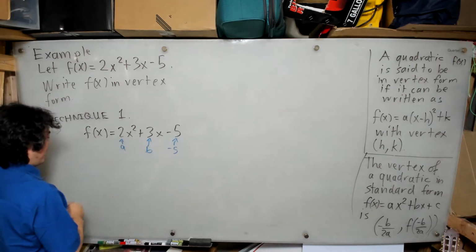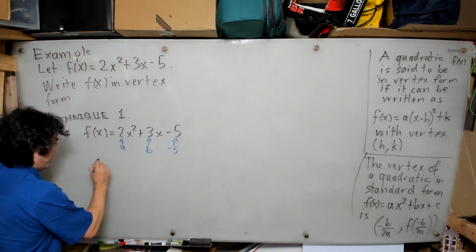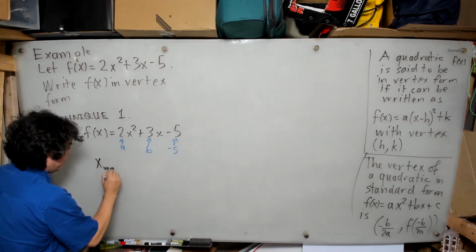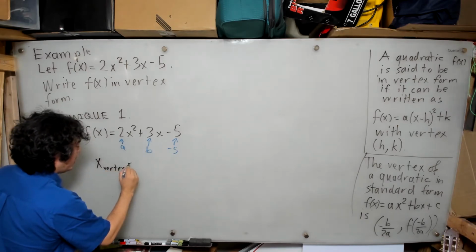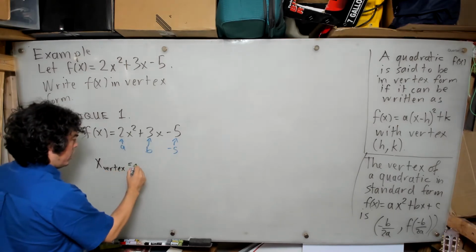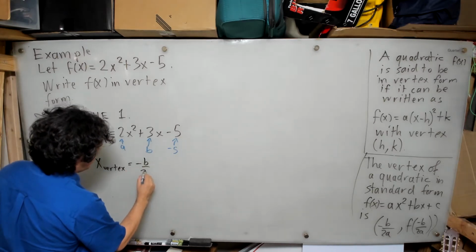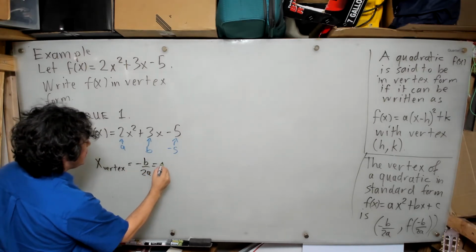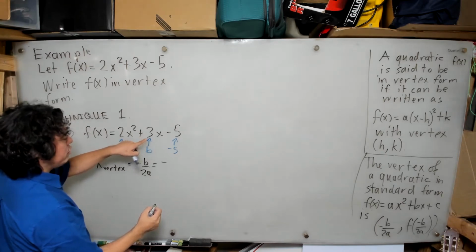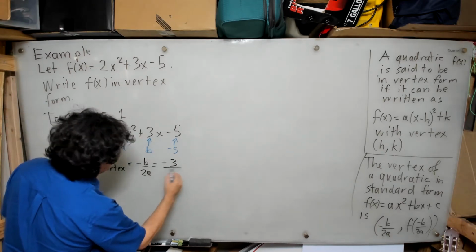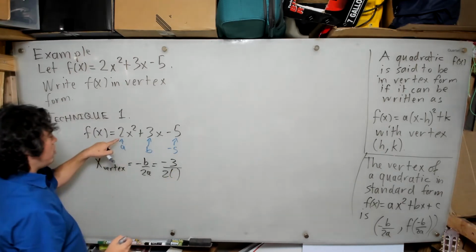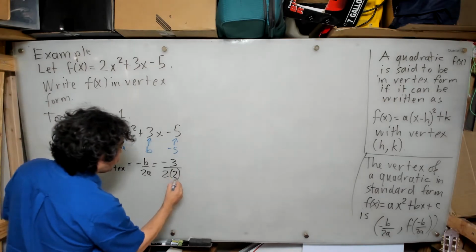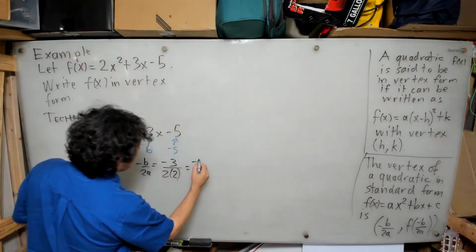So the x coordinate of my vertex, which I like to label x vertex, is equal to negative b over 2a. In this case, our b is positive 3, so it'll be negative 3 divided by 2 times our a, which is 2, so 2 times 2, which gives negative 3/4.